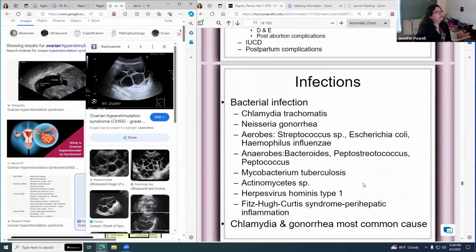Starts out as a bacterial infection: chlamydia trachomatis, gonorrhea. Then you have aerobic bacteria. I suppose these are anaerobic, but aerobes, strep, E. coli, and this influenza.